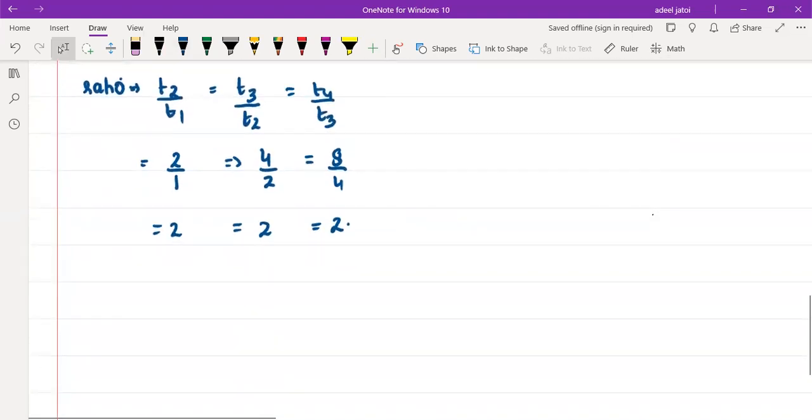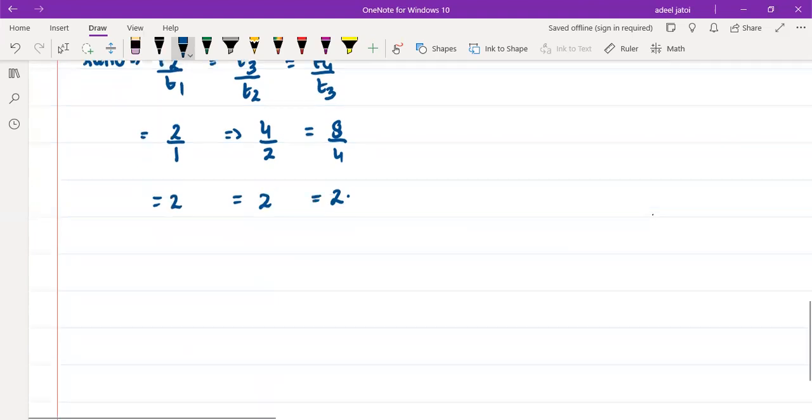Now, we had a formula in AP, that was Tn is equal to A plus n minus 1 D. So we also have a formula here as well, that is A, because obviously this is the first term, R to the power n minus 1. A R^(n-1).